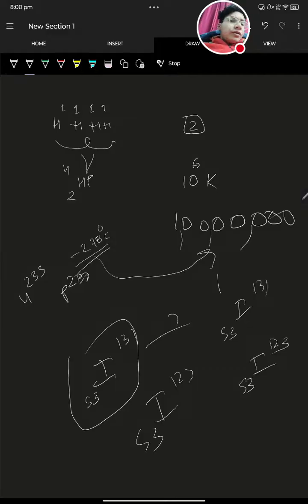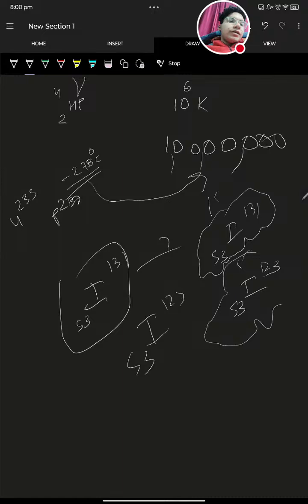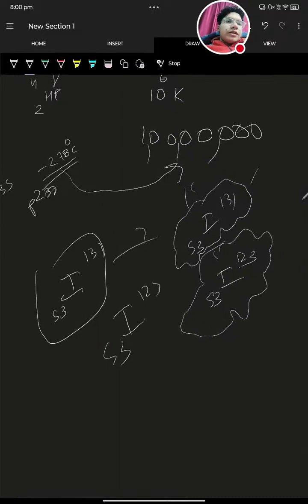This is on goiter, this is on brain picturing, because these are radioactive, and wherever they get absorbed, they send radioactive rays. This gets absorbed in goiter here, and this goes into your brain.